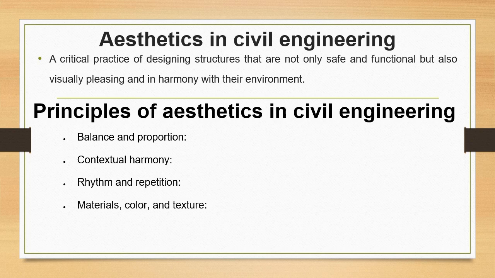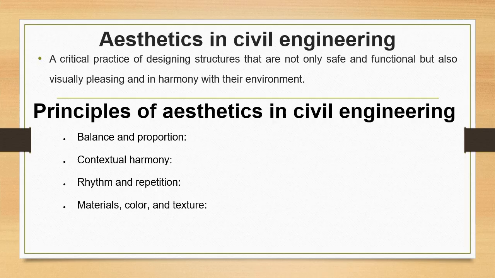Now, what are the principles of aesthetics in civil engineering? There are various principles. Major are four. First one is balance and proportion.